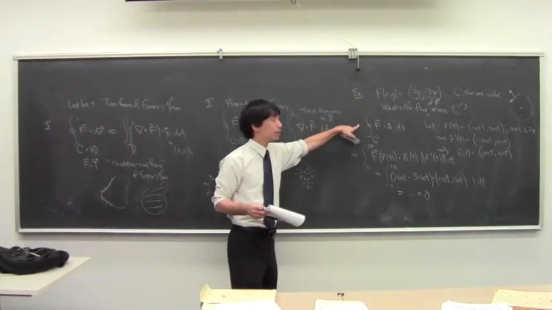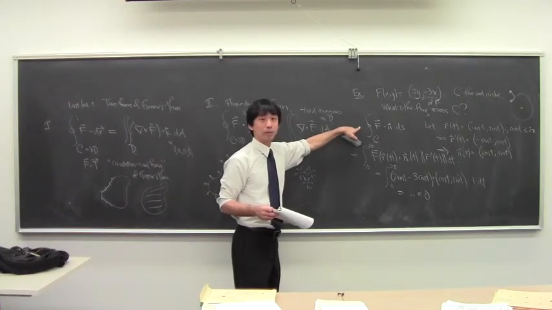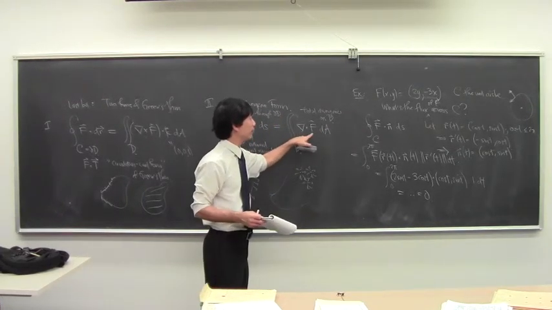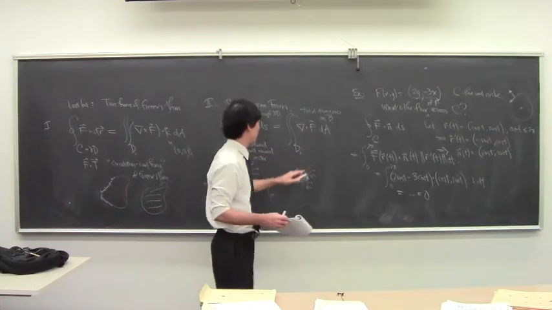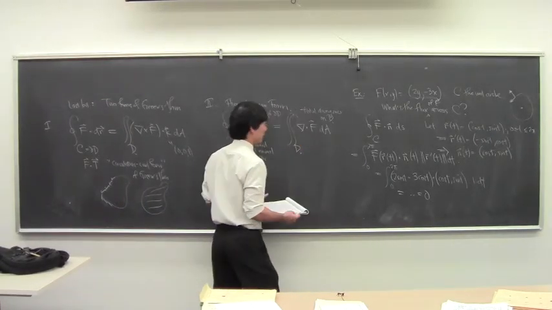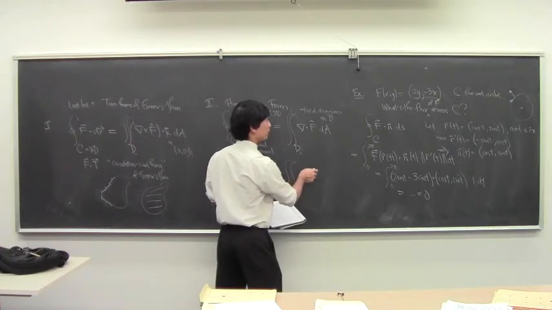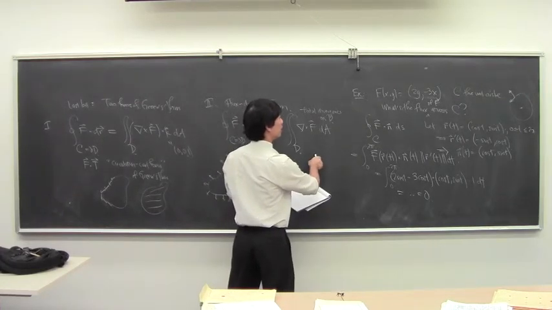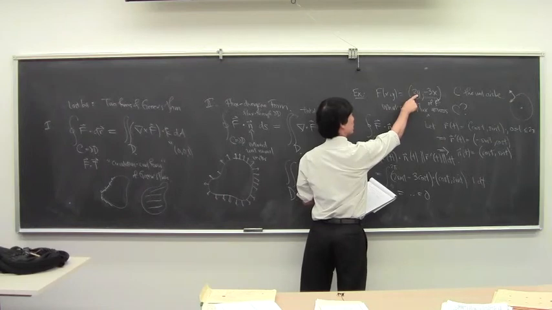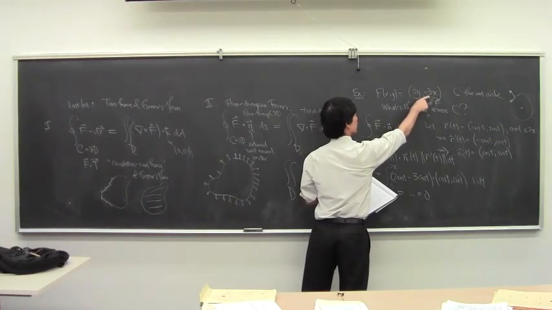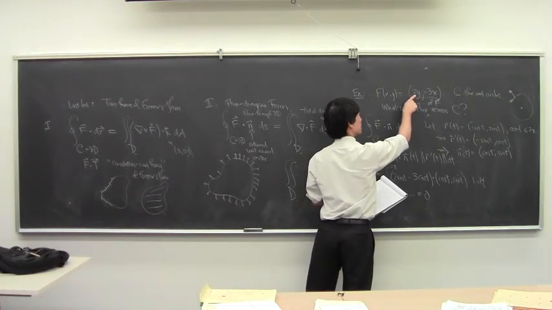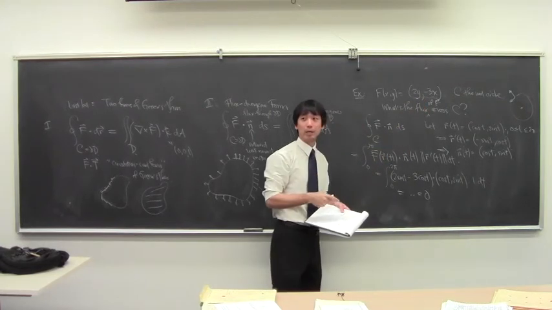But you could also use Green's theorem and say that the flux across the boundary is the same as the integral of the divergence. So instead, let's do that. We take the integral of the divergence. What's the divergence? You take the derivative of the first component with respect to x plus the derivative of the second component with respect to y.